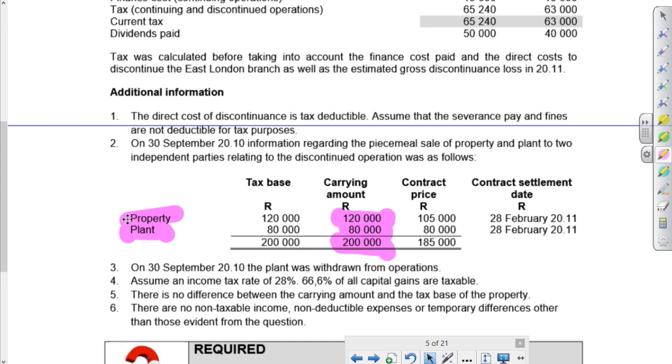And that the price of those, the contract price, is 105 and 80, and that we have an impairment here. Right? This one is not impaired, this one's okay, but for the property we have an impairment of 15. Yeah? And that's what we would have done last week. We would have seen that impairment of 15.